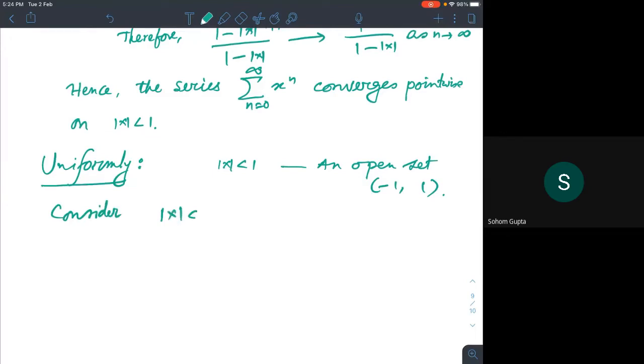So now consider mod x less than or equal to 1 minus delta, where delta belongs to 0 and 1. This implies mod of x to the power n is less than or equal to 1 minus delta to the power n, right?